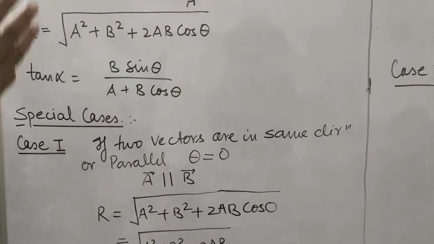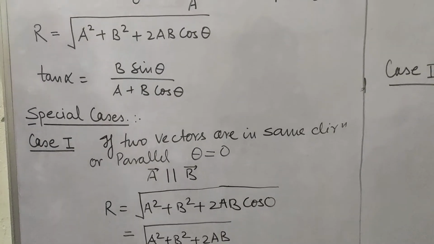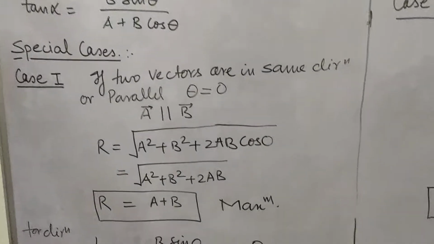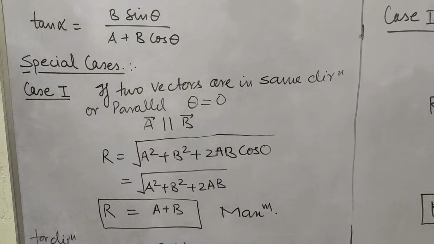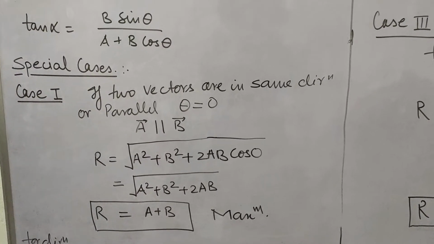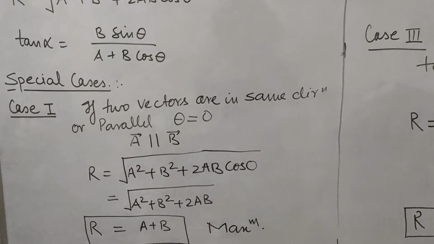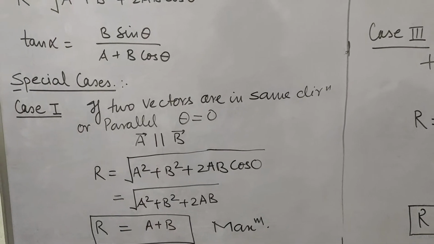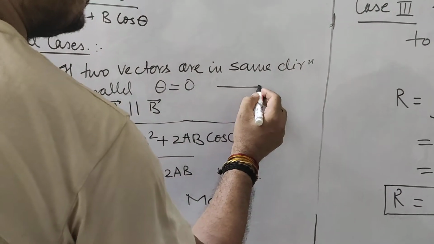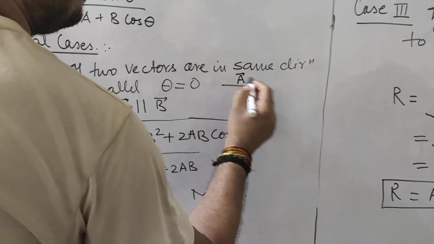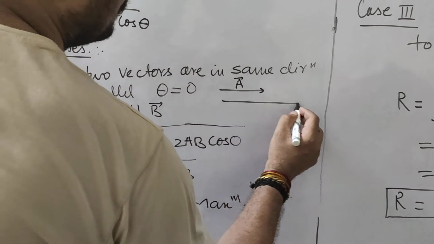Now for both the laws combined, there are three special cases depending on the angle between the two vectors. Case 1: suppose the two vectors are parallel or acting along the same direction, say vector A is in this direction and vector B is also in this direction.